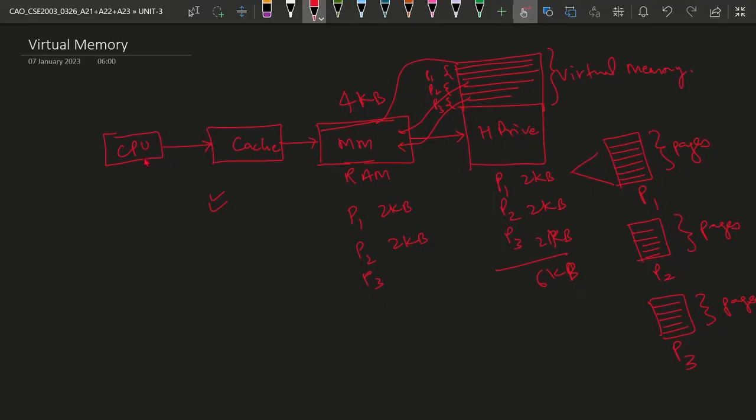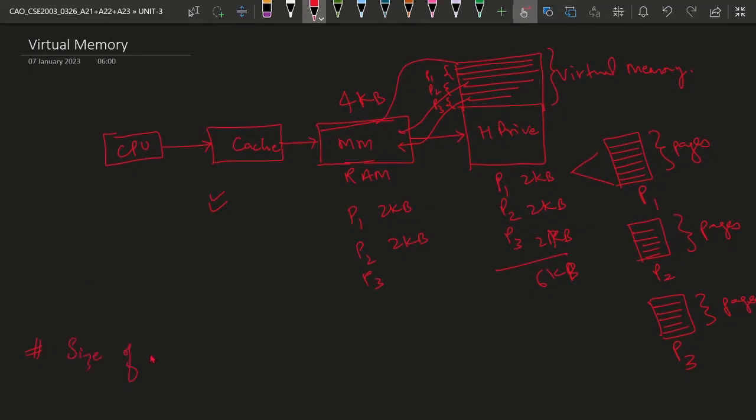Whenever the CPU or the processor wants to fetch particular data of a particular process, it asks the cache, and then it takes it from the RAM, where some pages will be stored. The basic concept of virtual memory came to accommodate most of the processes, even if their size is larger, so that the processor can execute large processes also.